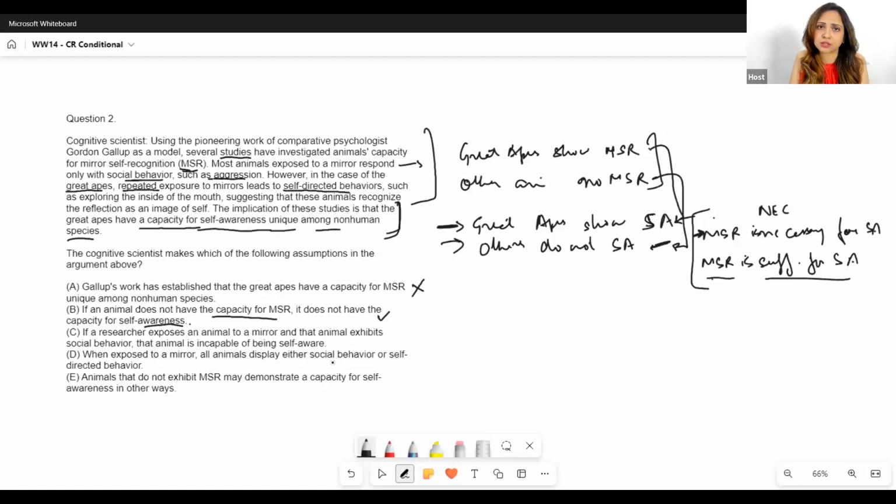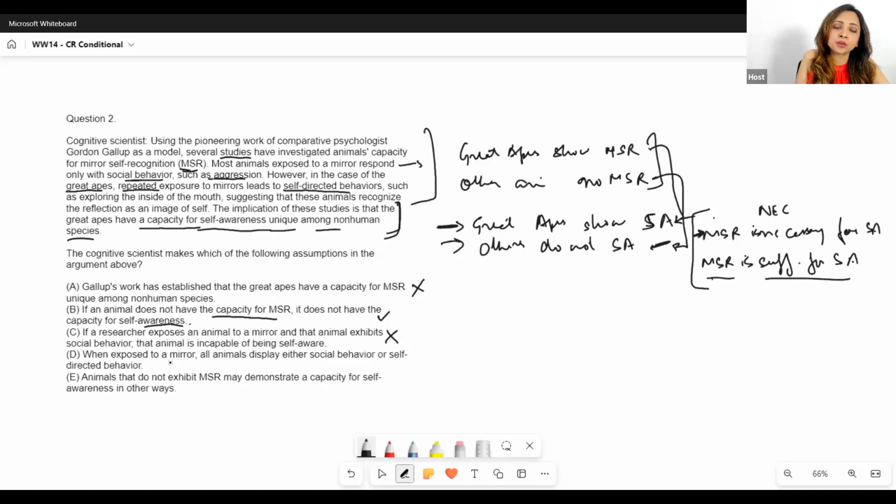It's quite possible they showed aggression. And then with repeated exposure, finally they realized that it's they themselves in the mirror, right? So this is not necessary for a conclusion. It's not an assumption.